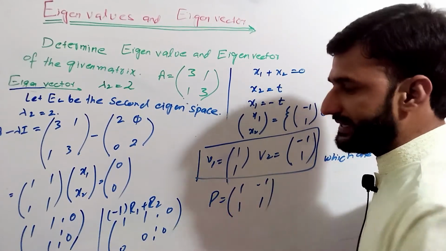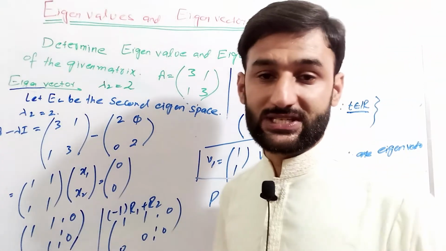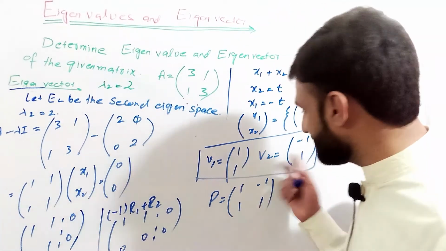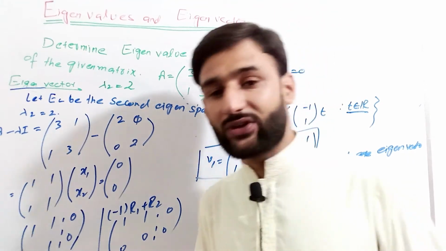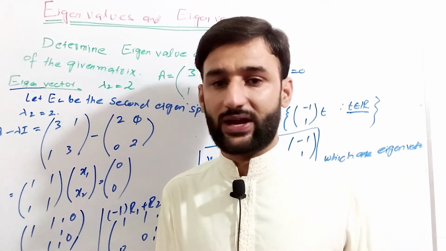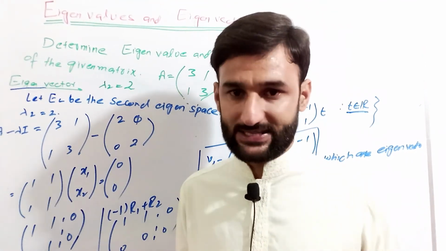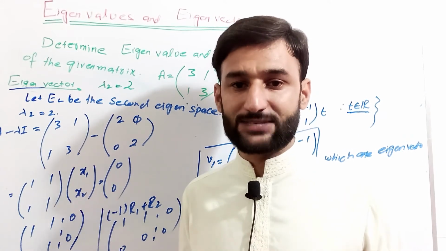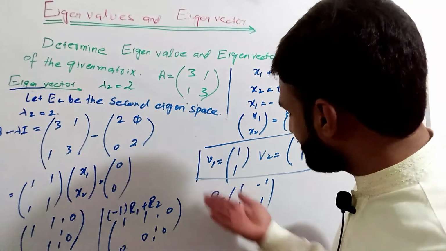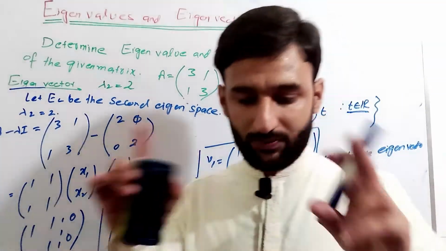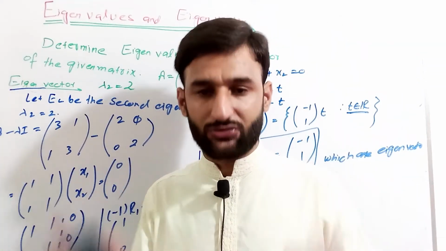Basically P is the matrix whose columns are these vectors, which span the space. The reason is that the set of eigenvectors is an independent set, and an independent set spans any combination, so we can write it in matrix form.